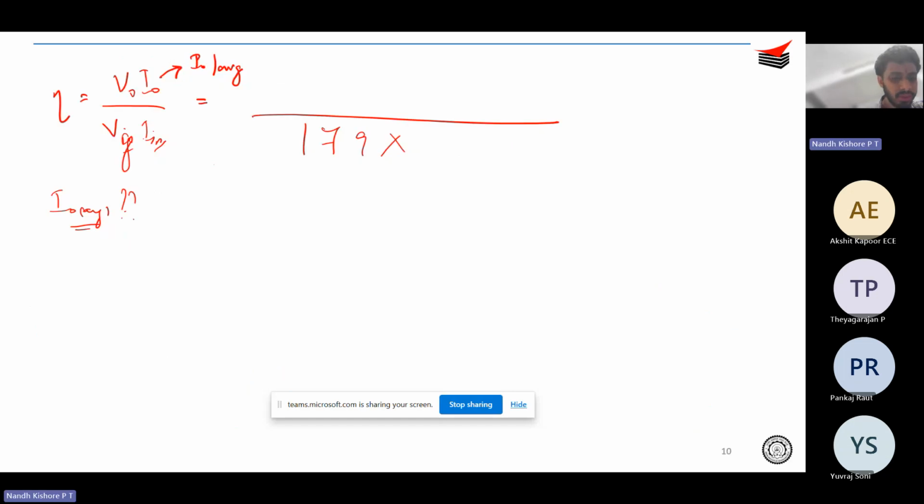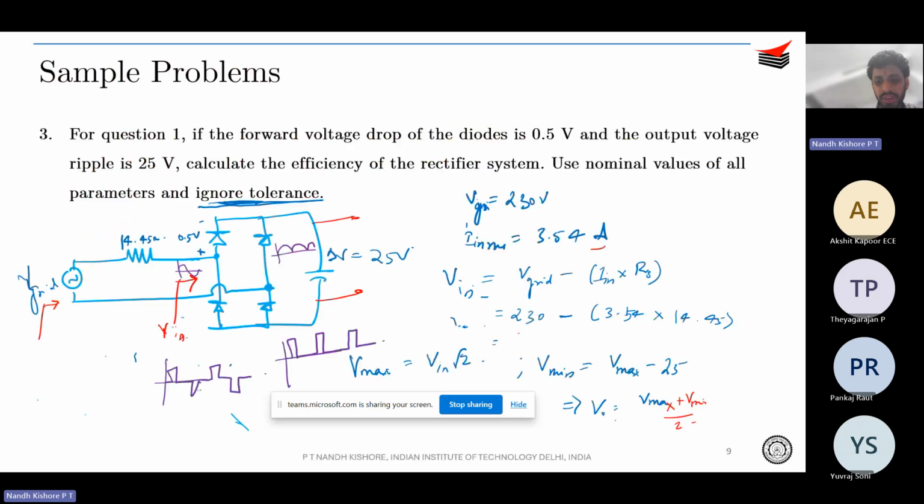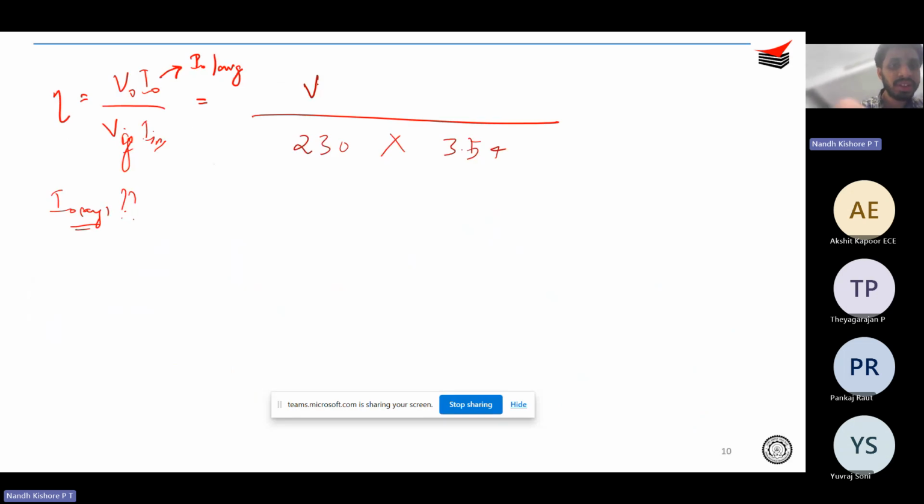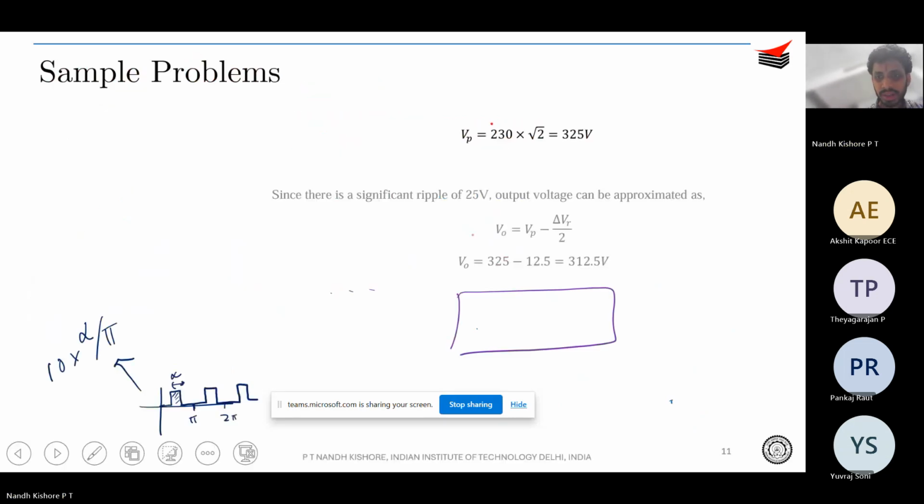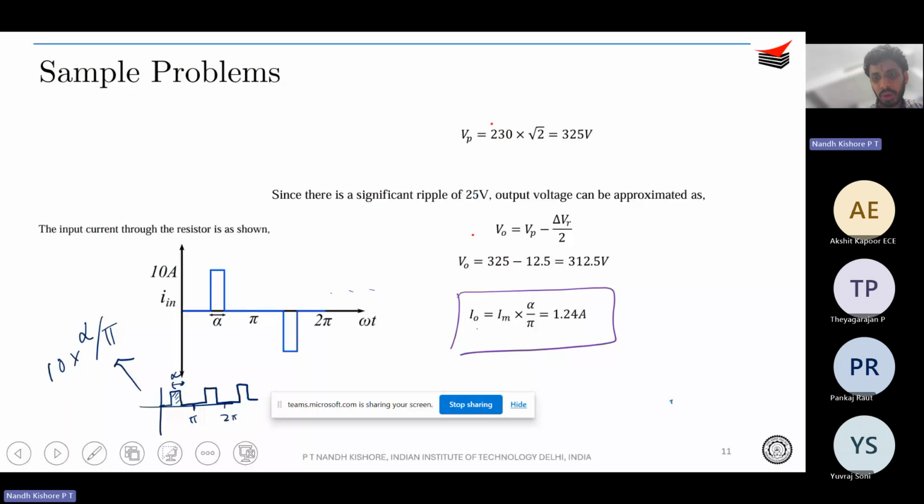So it will be 230 volts into 3.54, correct? And V naught I naught will be the average of this. I will not calculate right now, but V naught into I naught is found out to be 1.24 amps.